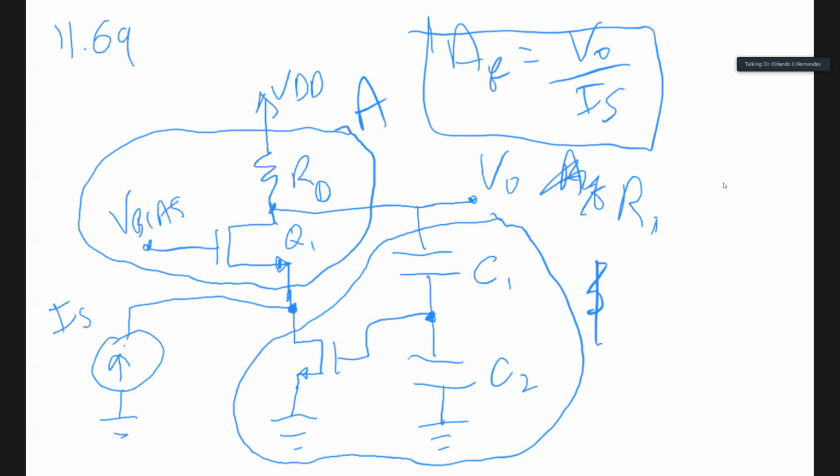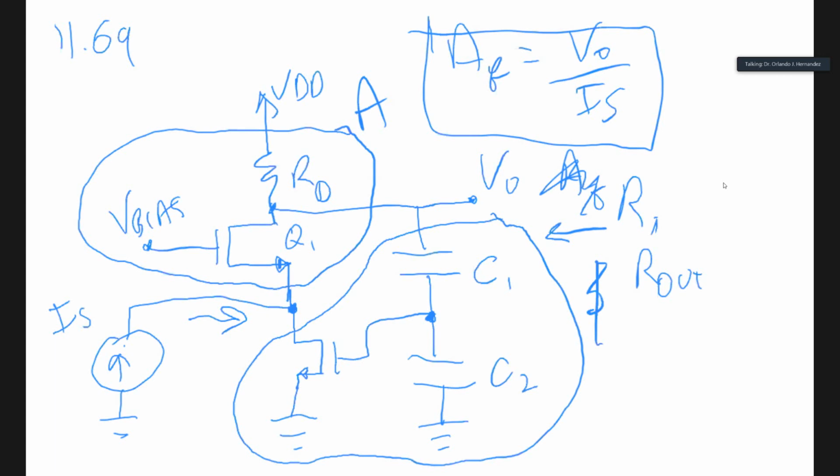And they also want us to find the output impedance. So the output impedance would be looking into the output, and the input resistance would be looking into the input node there. Okay.